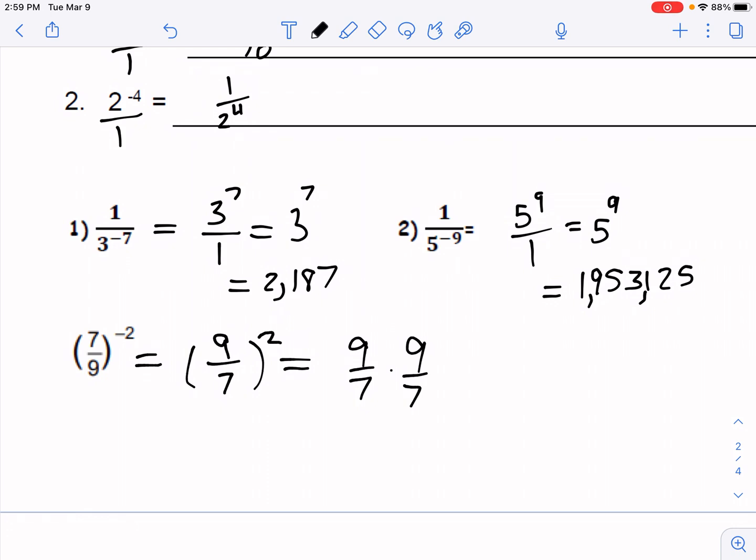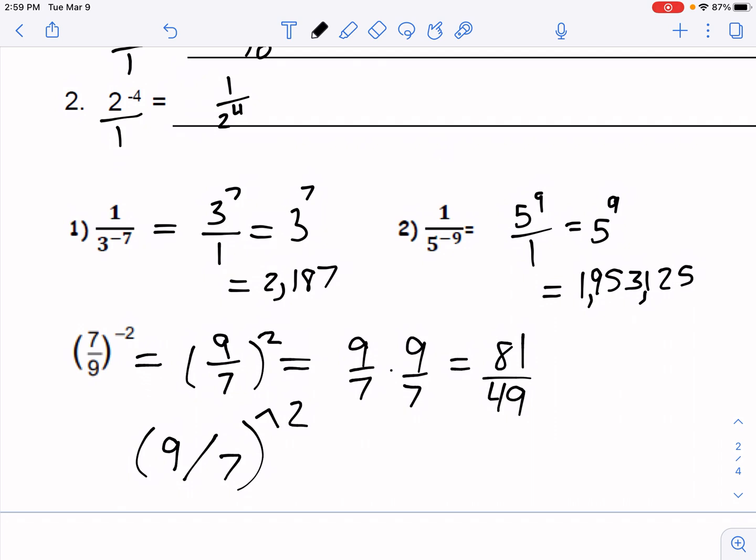The way you would do that is you would put in parentheses, then 9, the division button, 7, and then you would close the parentheses, raise it with that caret to the second power, and then you'd be able to determine what the solution is going to be, okay? So that's one way that you could approach it, or you could just multiply it out here. It'd be 9 times 9, which is 81, and then 7 times 7, which is 49.